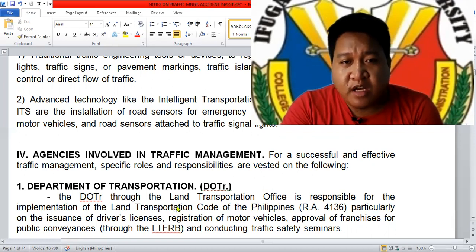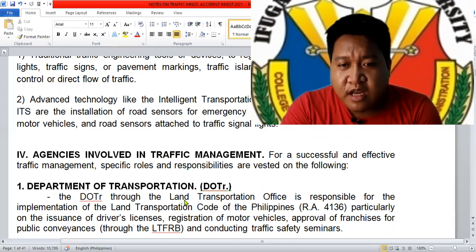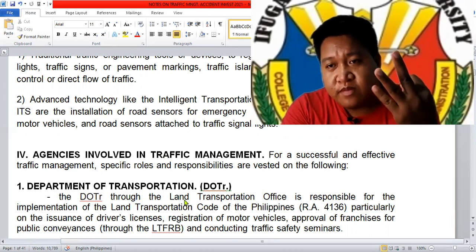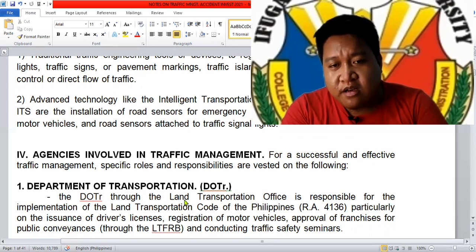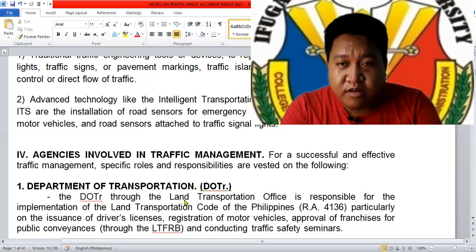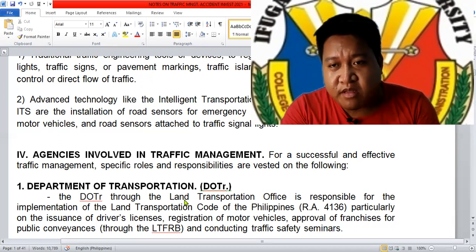DOTR, specifically traffic, under it is LTO, LTFRB. So tatlo yan: LTO, LTFRB, and PCG. Again, yung PCG is ibang usapan yan because it handles the implementation of maritime rules and laws.